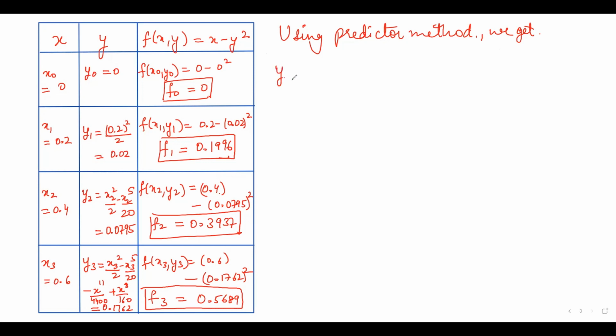So y at 4, this would be y naught plus 4 times h upon 3, the values twice of f1 minus f2 plus twice of f of 3. So y4 is nothing but y at 0.8 we are finding out.